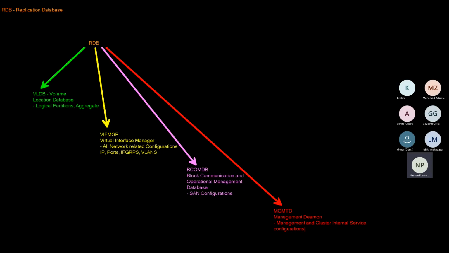Management, in the sense that we have configured management IPs and all, right? Those things will be handled by the management daemon only. Along with that, the cluster internal communication services, like the nodes in the cluster having to communicate with each other, will be handled by MGMTD. Whatever internal functionalities and things related to management will be stored in the MGMTD subdatabase.